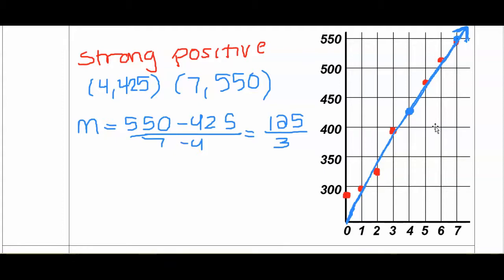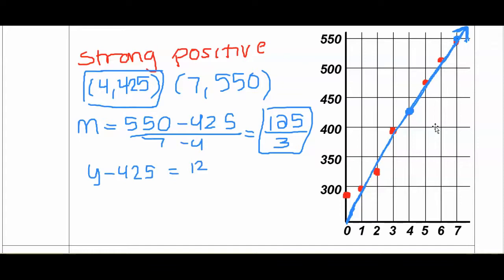So we use our point and our slope in point slope form. Rearrange the terms to solve for y, but do not distribute.